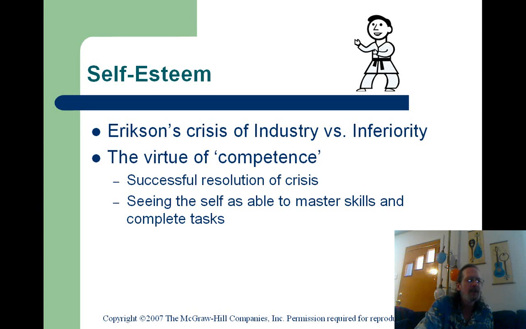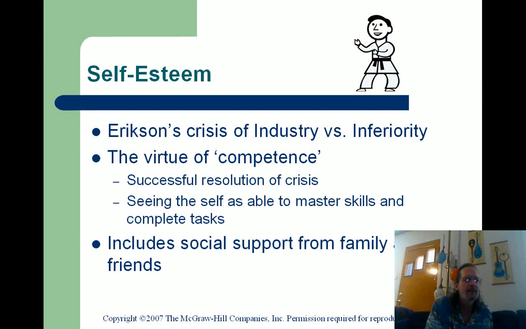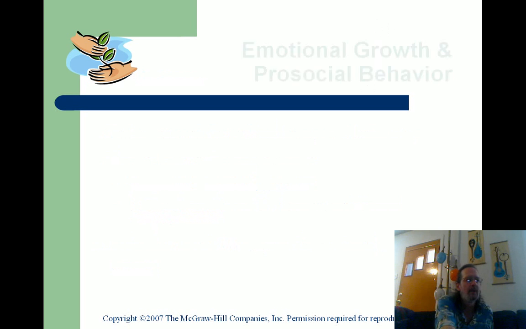If they go too much the other way and industry is too important, they may turn into workaholics, as far as Erikson was concerned, and neglect such things as social relationships. So family and friends can help in this situation. Can help or hinder. It kind of depends.